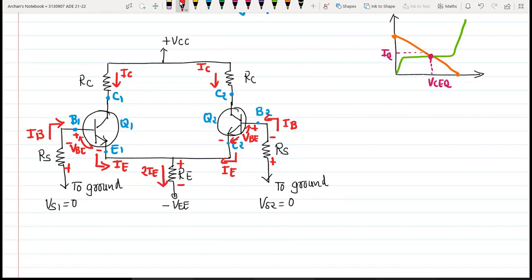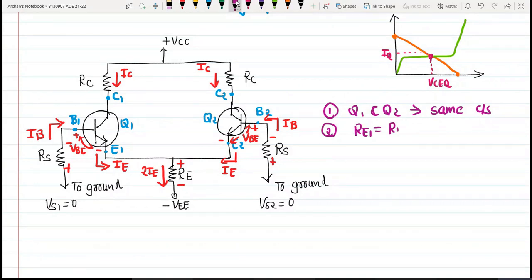Now these transistors Q1 and Q2 are identical in characteristics, and hence for such a matched pair we will assume certain parameters. What are the parameters? First, Q1 and Q2 have same characteristics. Second, values of RE1, RE2 are same.